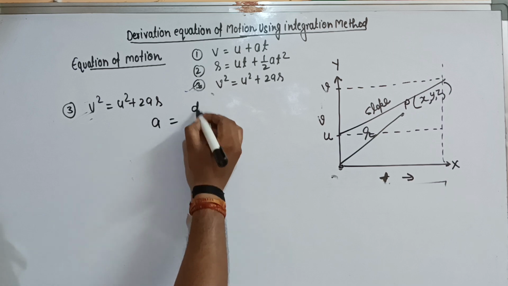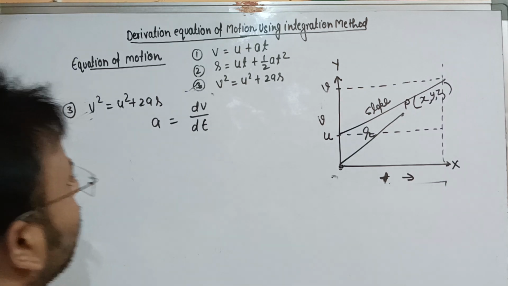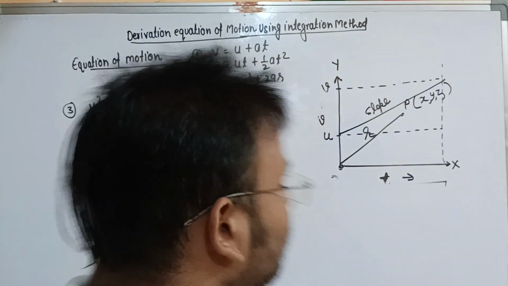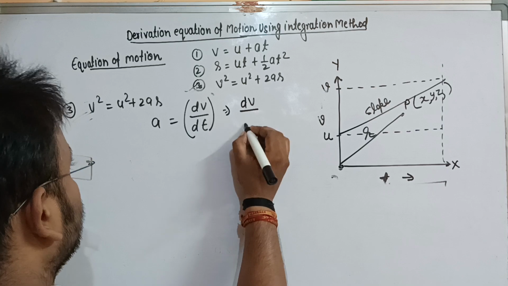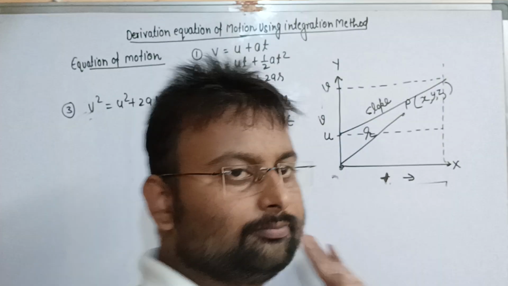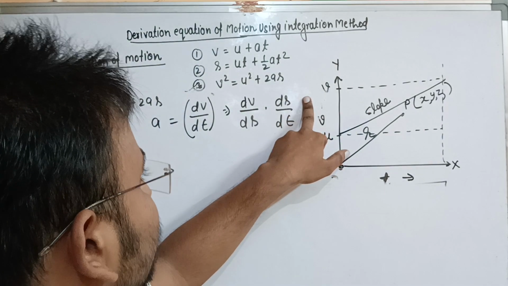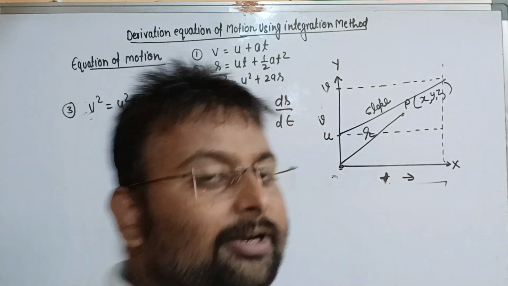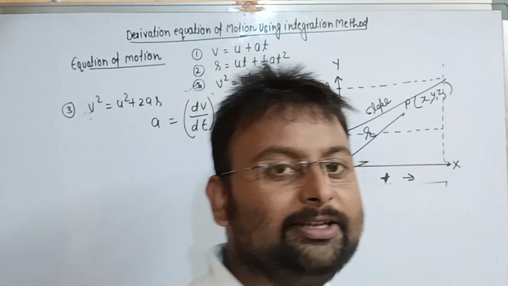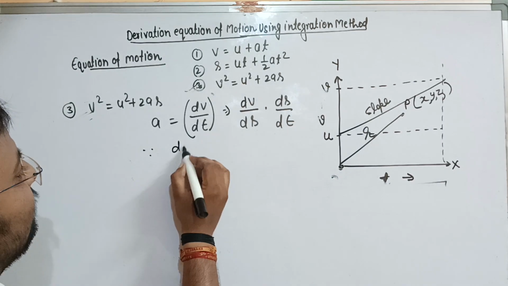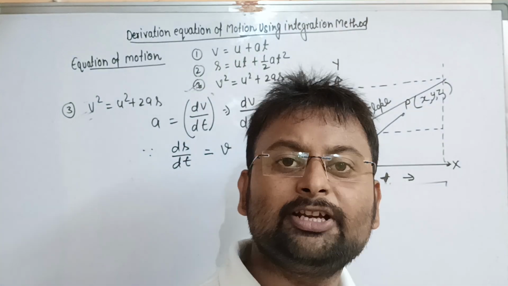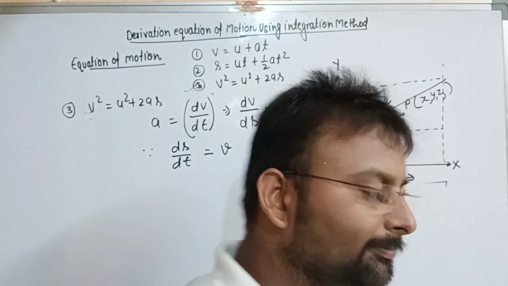Acceleration is dv by dt, and this is written as dv by ds into ds by dt. The ds cancels, so dv by dt is the same as dv by ds into ds by dt. We know that ds by dt is equal to v, velocity equal to displacement upon time.